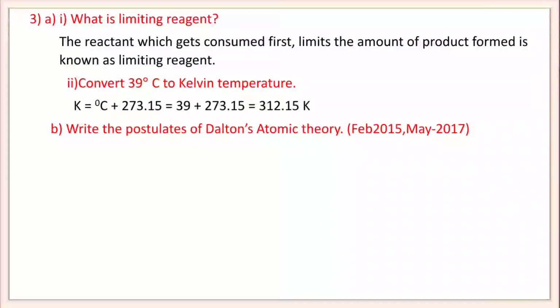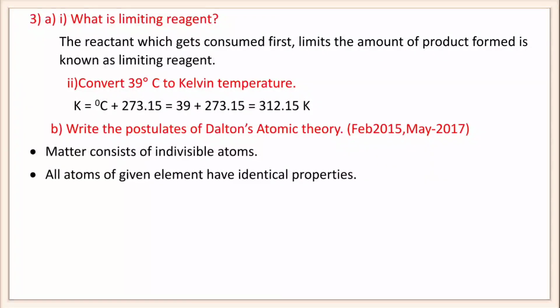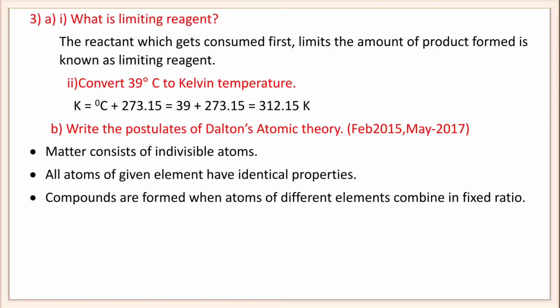Write the postulates of Dalton's atomic theory. You can get Dalton's atomic theory in atomic structure also, and in some basic concepts of chemistry also. See, 4 postulates are there. Matter consists of individual atoms. All atoms of given elements have identical properties, so whatever the atoms of a given element, all those atoms have the same properties.